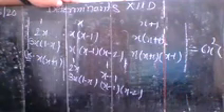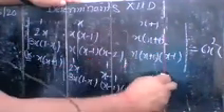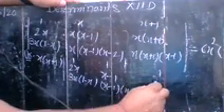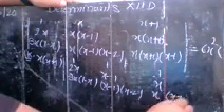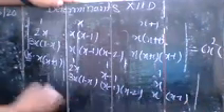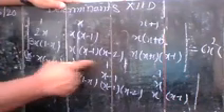In the third column, after taking x plus 1 common, you have 1, x, and x into x minus 1. Understand?